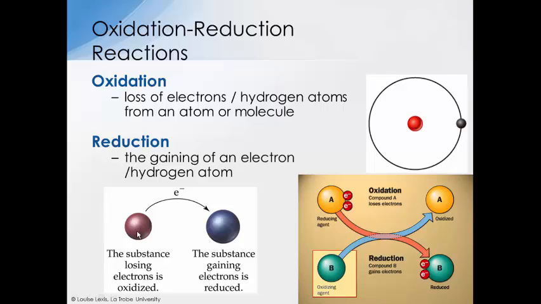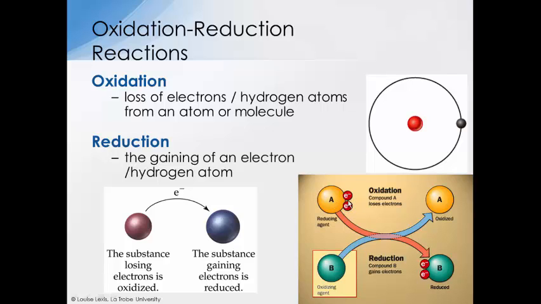If we look at this simple diagram here, this is showing you a substance losing an electron and another substance gaining that electron. We say that this substance here has been oxidized and this substance here is reduced. A diagram that's a little more complex over here shows you again a substance that loses these electrons.